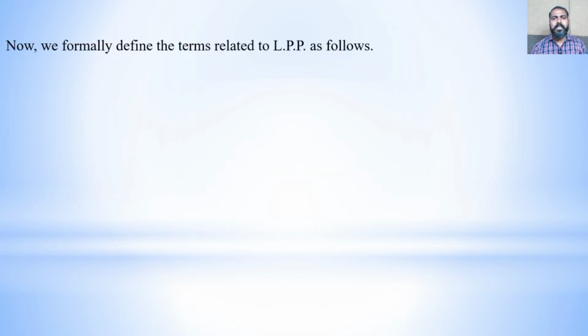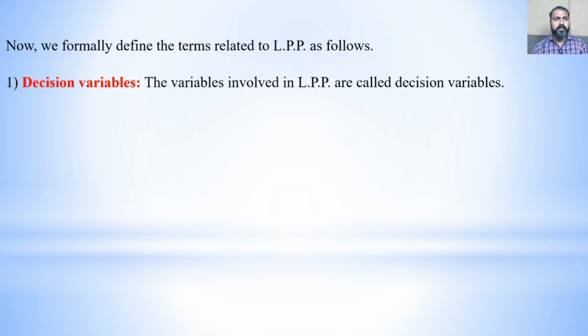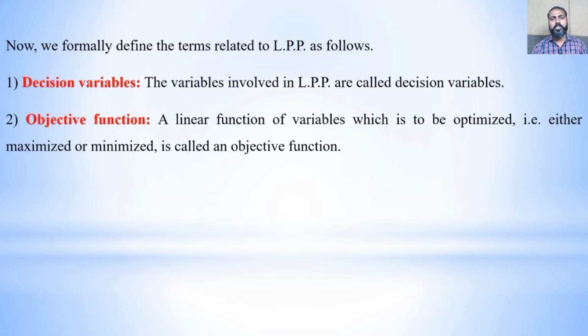Now we discuss some terms related to linear programming problem. First term is decision variable. The variables involved in LPP are called decision variables. Second is objective function.